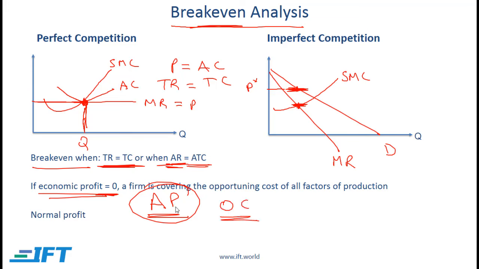So this accounting profit will be covering the opportunity cost of all factors of production, and in this situation we say that the firm is making a normal profit. And again, I talked about this earlier. So the normal profit is equal to the accounting profit when the economic profit is zero, or alternatively the normal profit is equal to the opportunity cost of all factors of production.